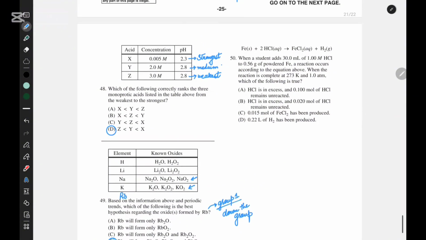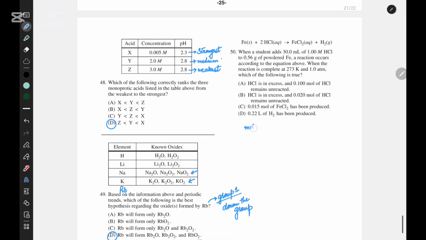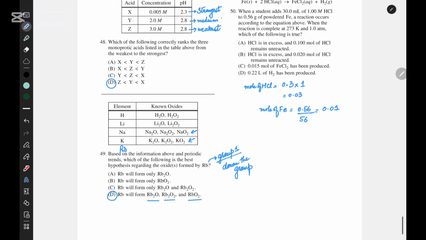When a student adds 30 milliliters of 1 molar HCl, first find out the moles of HCl. The volume 0.03 liters times the concentration comes out to be 0.03 mole. And the mole of Fe is how much? That is 0.56 divided by 56, which comes out to be 0.01, that is the mole of Fe.